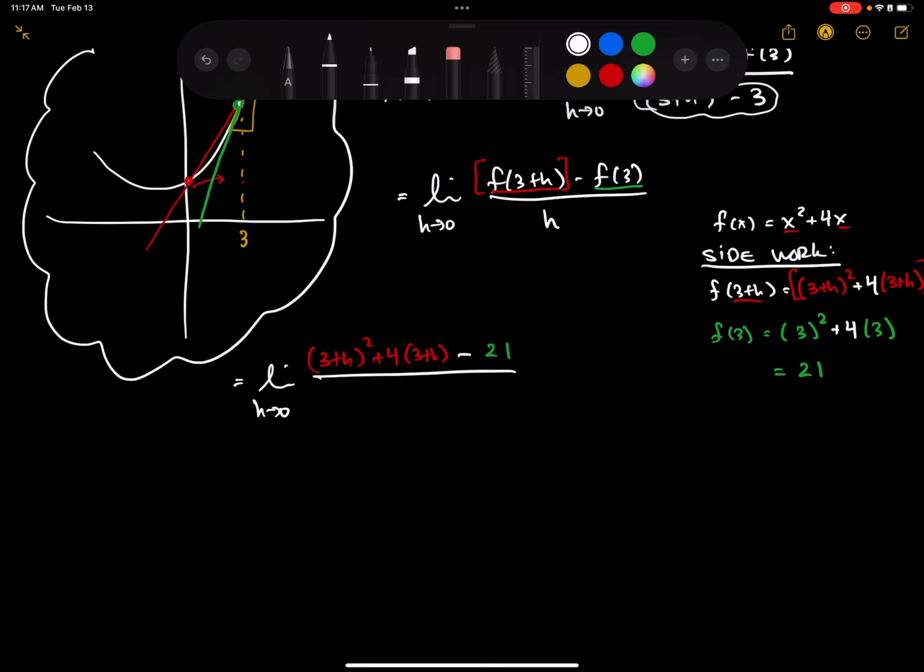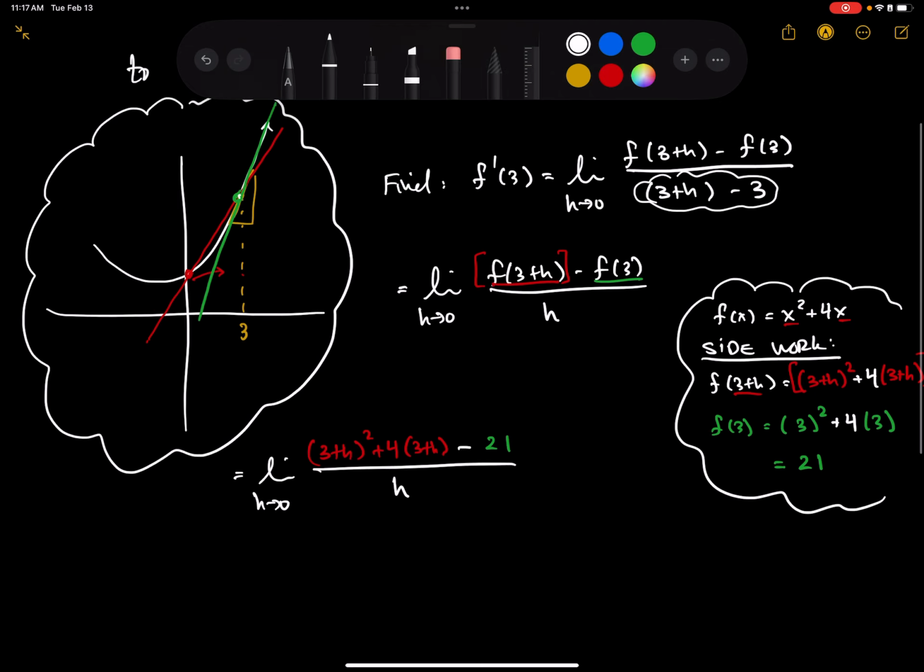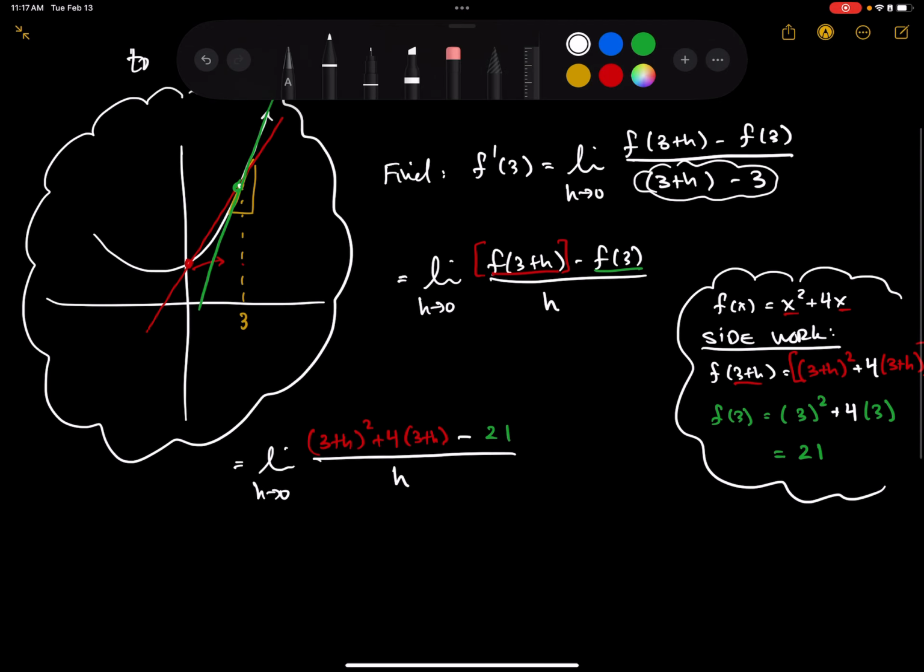This is all over h. Okay, so if we want to talk about this going step by step, this is really make a substitution, right? Or evaluating the function.